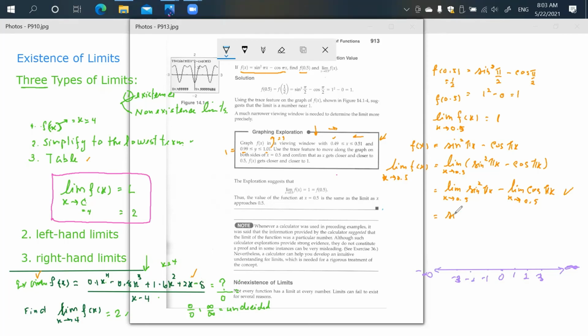So you just write down sine and replace with 0.5, minus, no limit, sorry, cosine pi over 2 right away, because 0.5 is equal to 1 over 2, right? So then you get the answer right away, equal to 1.